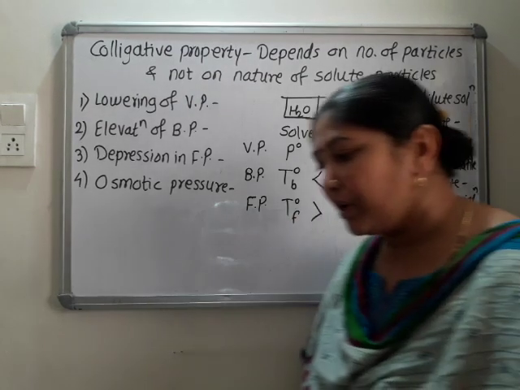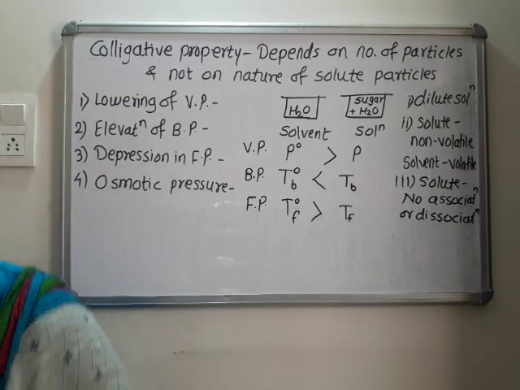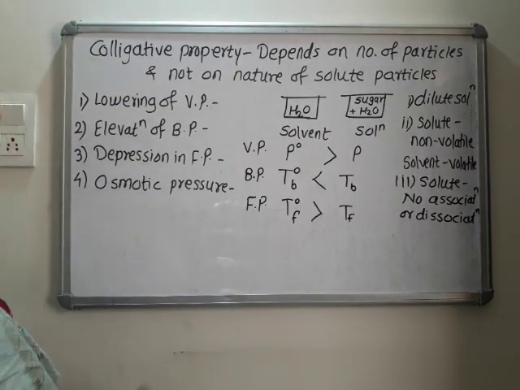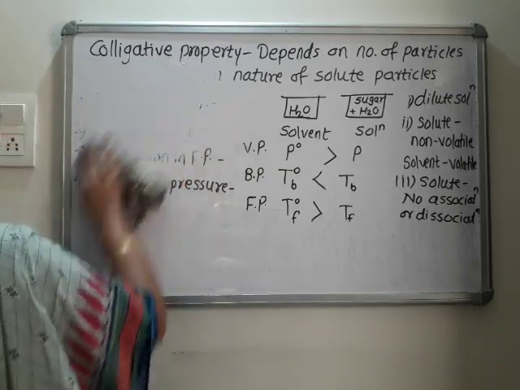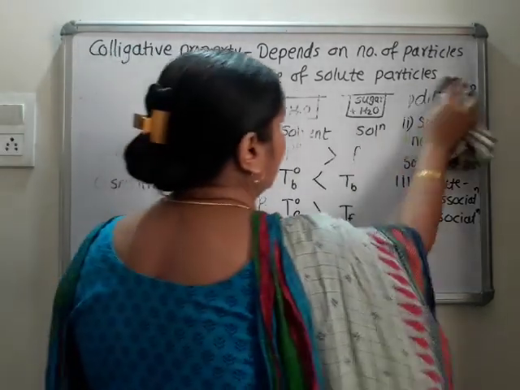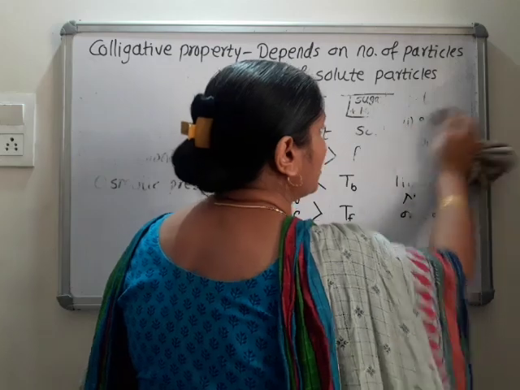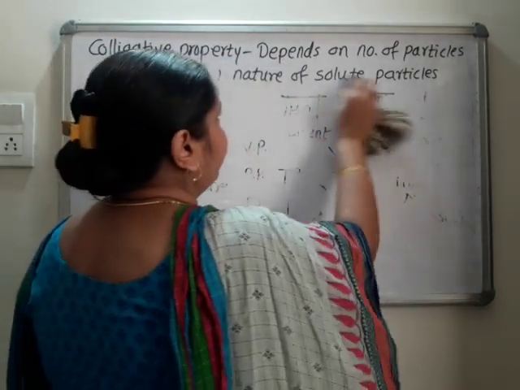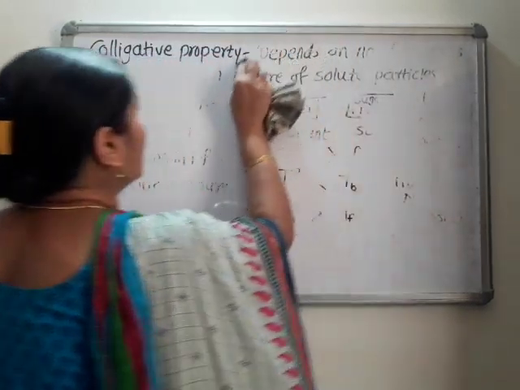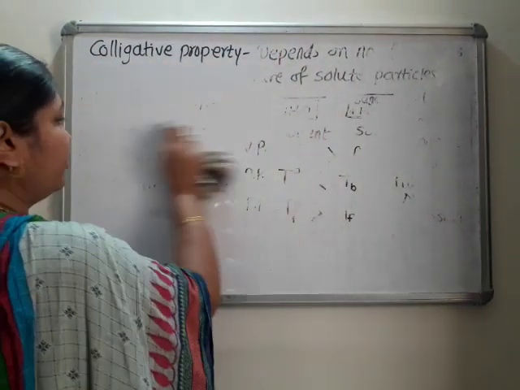So the very first property, that is lowering of vapor pressure, we will discuss now. And these colligative properties are used to find the molar mass of a substance, the molar mass of a solute. Let us see what is lowering of vapor pressure.